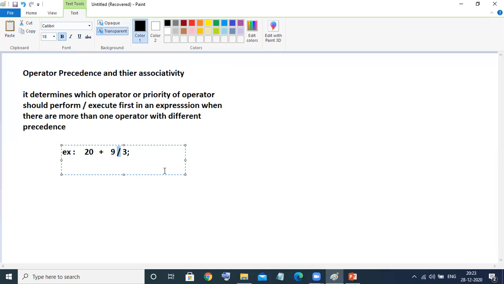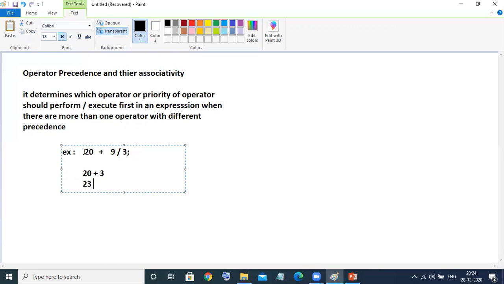Which operation is going to be performed is told by the precedence of the operator. If I compare these two operators, plus and division, the division has the highest precedence compared to the plus operator. That is the reason why the evaluation will be like this: 20 stays as it is, then plus, then 9 by 3 is 3. This is the second step, and in the third step, as there is only one operator, the result will be 23.